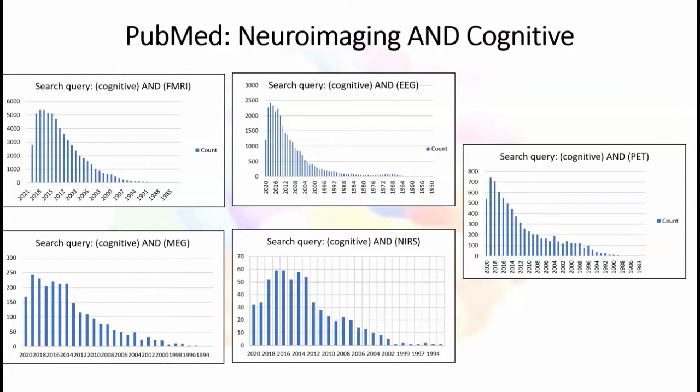From this trend, what we can summarize is that the increase in publications each year in functional brain imaging modalities indicates the development and importance of these neuroimaging modalities in exploring brain, mind, and behavior.